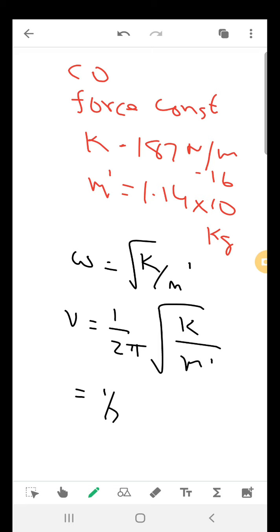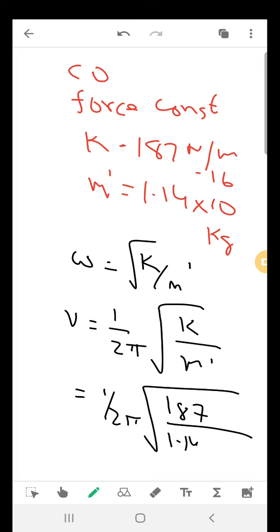So 1 by 2 pi square root of 187 divided by 1.14 into 10 to the power minus 16. So that is equal to 2.04 into 10 to the power 12 counts per second.